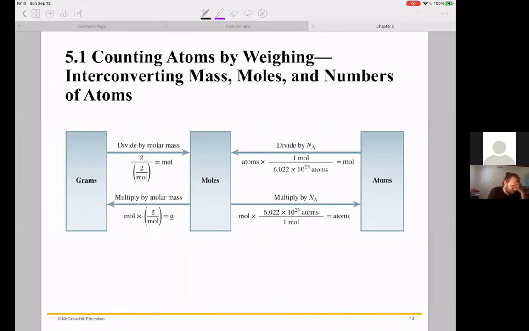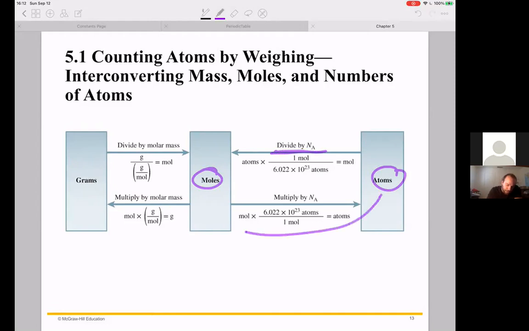All right, so this little diagram here is telling you how to go from one quantity to another. So for example, if I wanted to go from grams to moles, I would divide by the molar mass. If I wanted to go from moles to grams, I would multiply by the molar mass. That's just talking about which way you flip that conversion factor. Likewise, if I wanted to go from moles to number of atoms, I would divide by Avogadro's number.